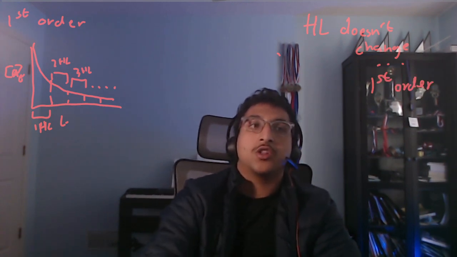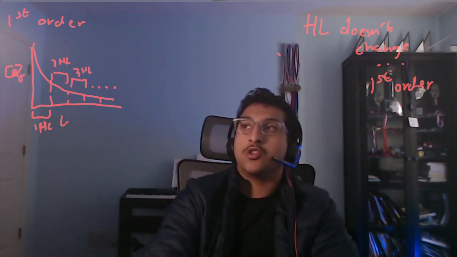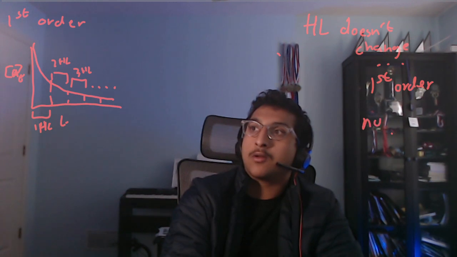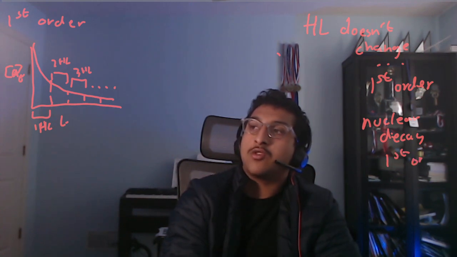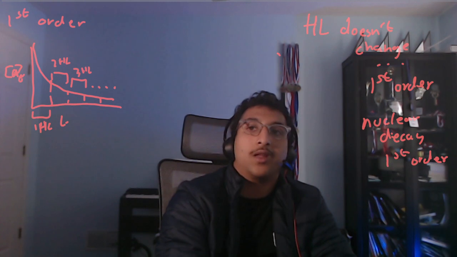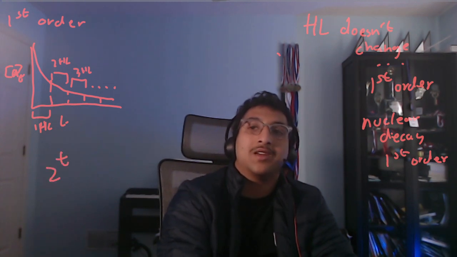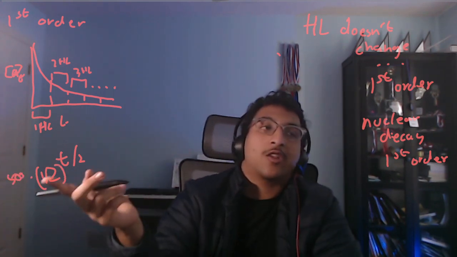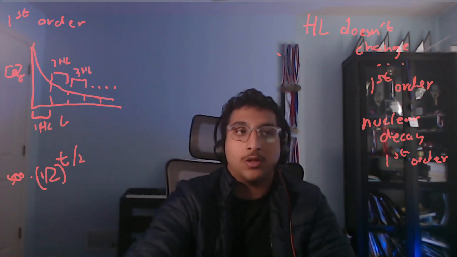And then all nuclear decay reactions, like the uranium example, all nuclear decay reactions are first order. And you remember this from pre-calc again, right? It's actually exponential. You would do 1/2 to the power of t over the half-life, times the initial amount, like 500 grams, something like that. You would have an exponential equation. So it's going to be first order.